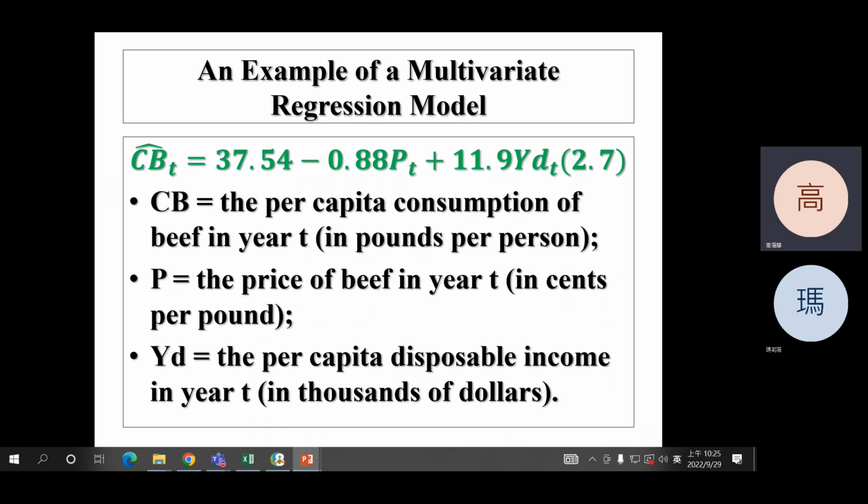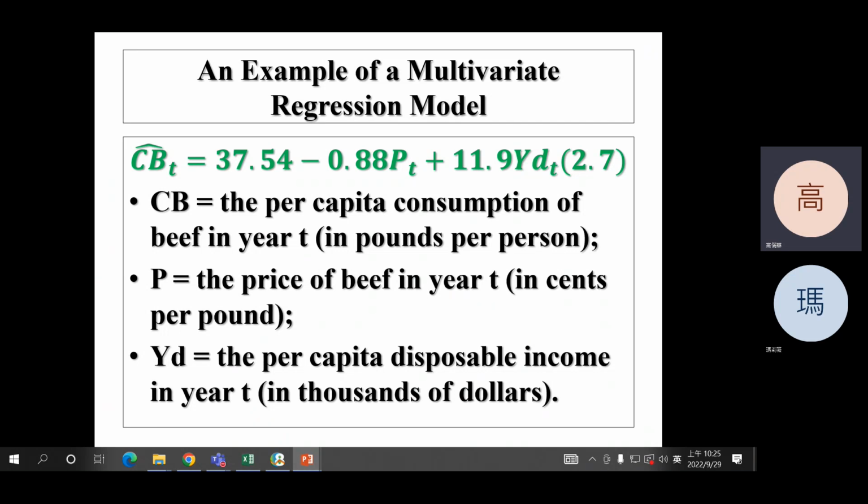I have two variables, P and YD. The dependent variable, CB, is the per capita consumption of beef in year T, in pounds per person. Then P is the price of beef in year T in cents per pound.